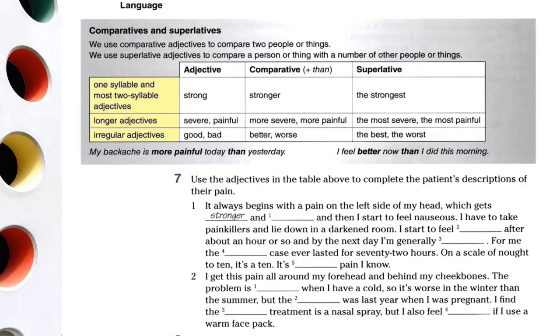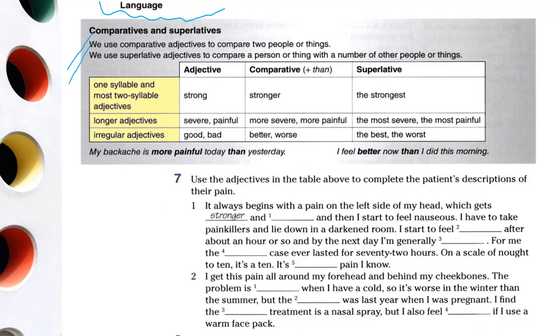Okay, the next exercise is going to be about language, or about some grammatical English rules. So once you see the word language, you have to know that the next exercise is going to focus on grammar. Today's exercise is about the comparative and superlatives.